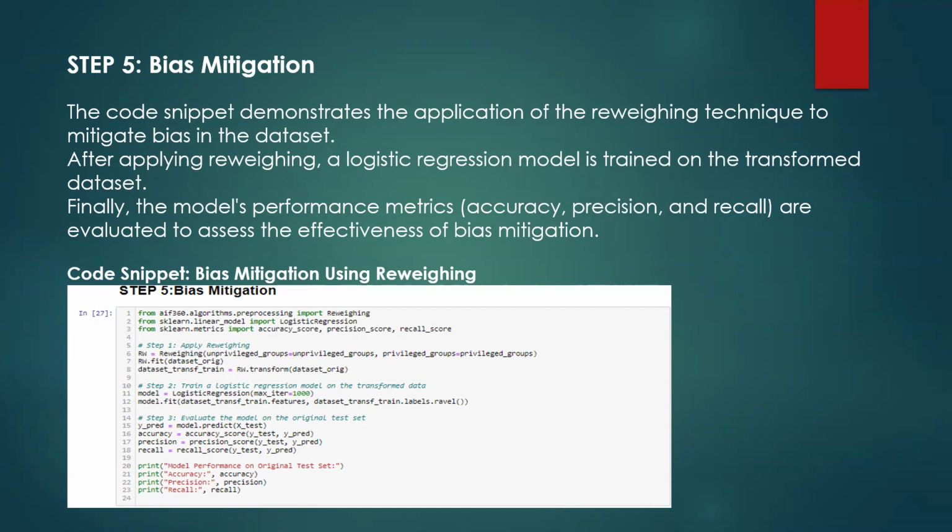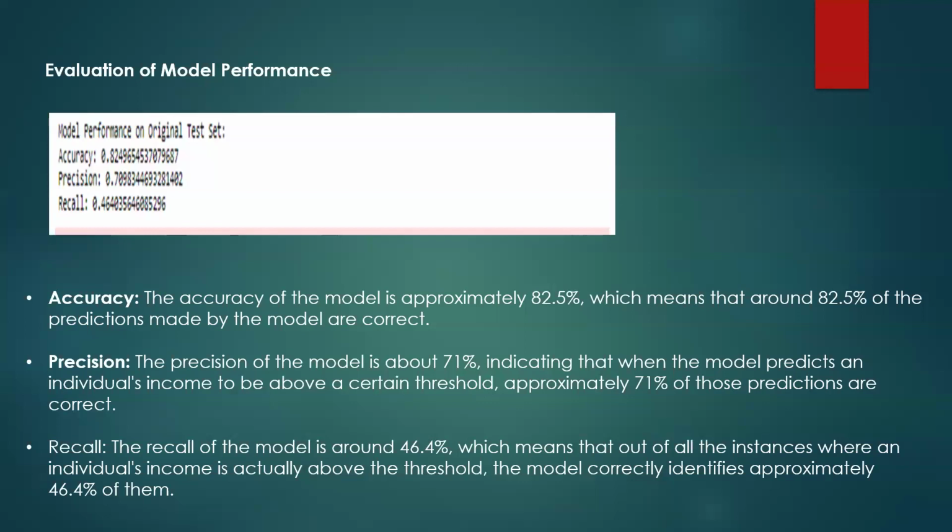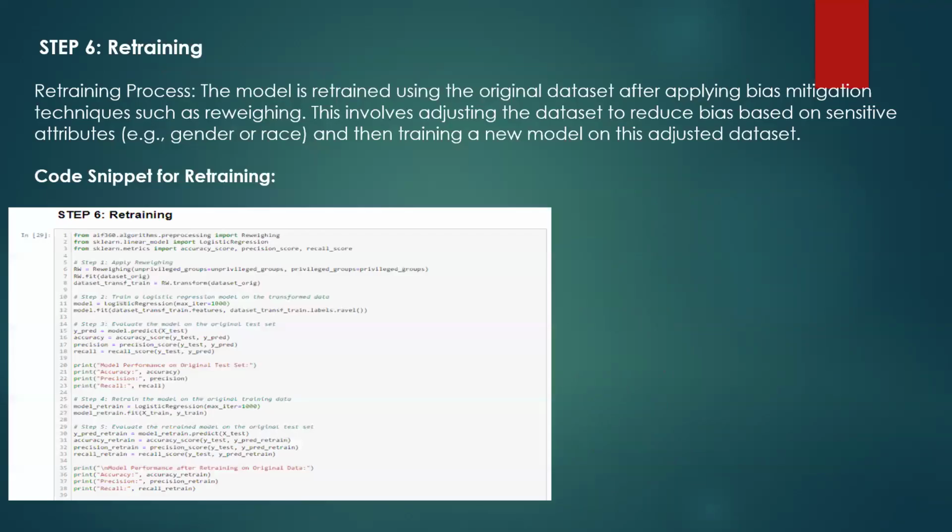And finally, the model performance metrics like accuracy, precision, and recall are evaluated to assess the effectiveness of the bias mitigation, as previously discussed. I just mentioned with numbers how it will be divided, and what the important factors are that we have to consider here.